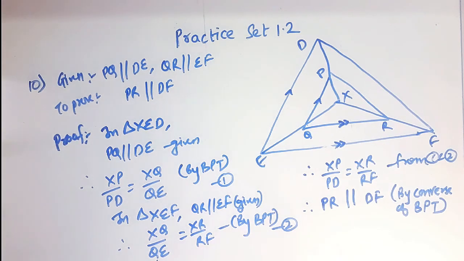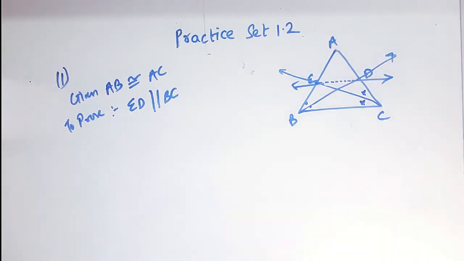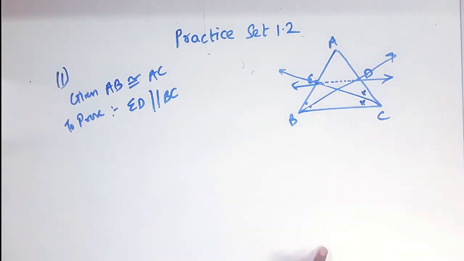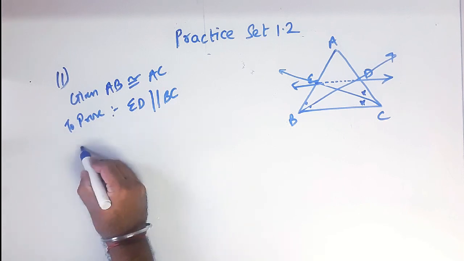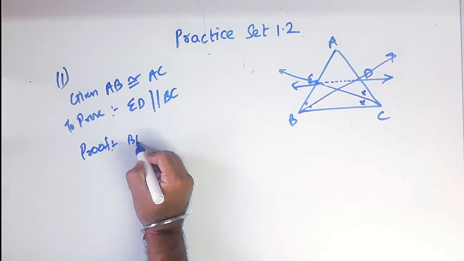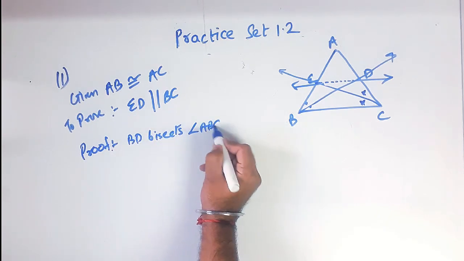Let us move on to the last sum, the 11th one. You can see there are two angle bisectors in sum number 11. BD bisects angle ABC and CE bisects angle ACB. So of course we can use the angle bisector property. BD bisects angle ABC.